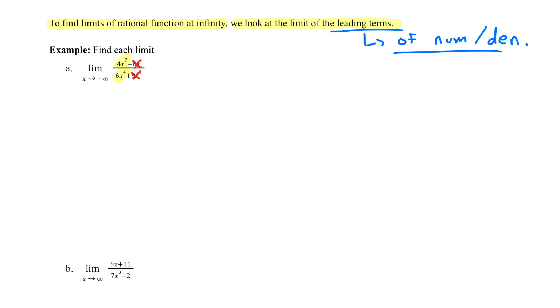I'm going to rewrite this limit as x approaches negative infinity of 4x to the 7th divided by 6x to the 4th. And now a few things should happen here. If you can simplify your coefficients, in this case 4 over 6, those are both divisible by 2, so I'll divide them both by 2.